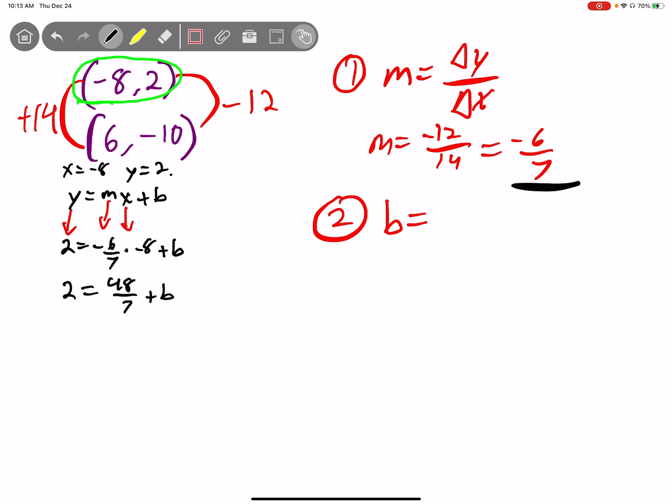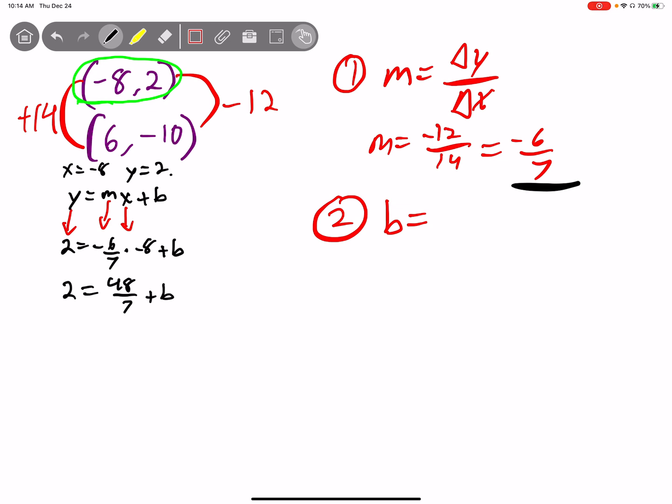Again, here's a trick you could do if you have fractions. Remember how I taught you how to eliminate fractions? You can do that here too, okay? Or you can just subtract 48/7. That's fine with me too. Or you can change 48/7 into a mixed number and subtract that.